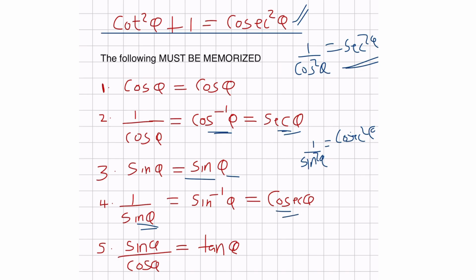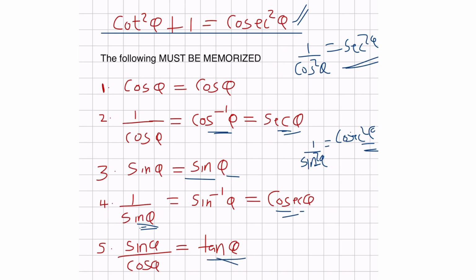So if we square the sine, we just square the cosec as well. The next identity is that sine theta over cos theta is equal to tan theta.